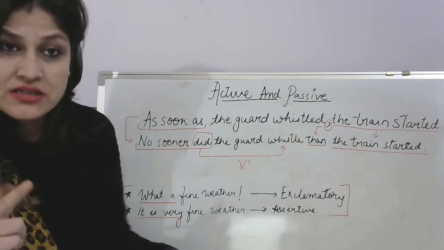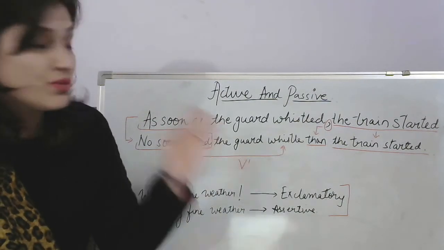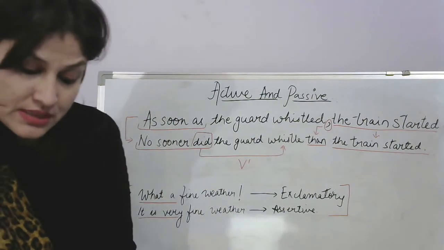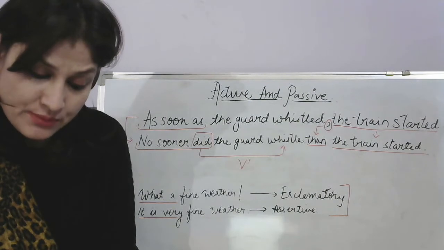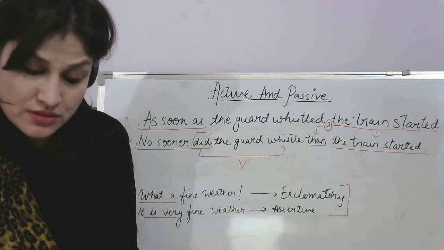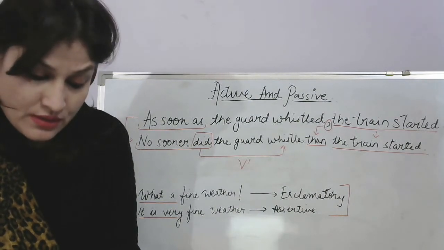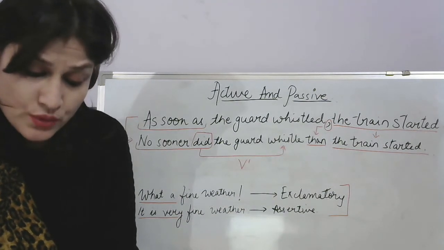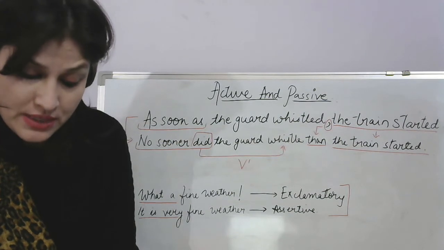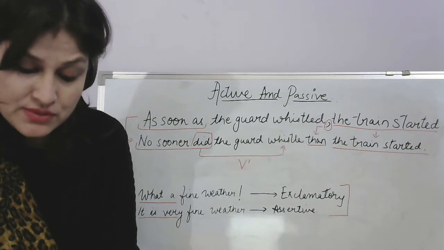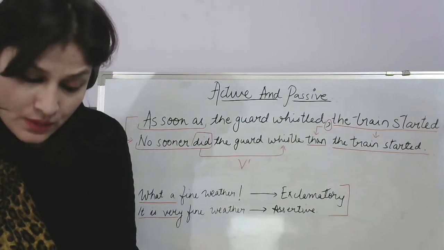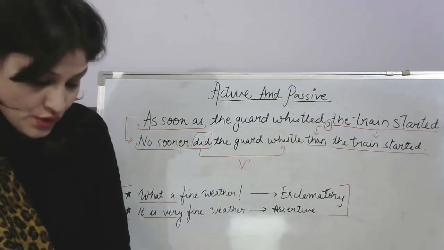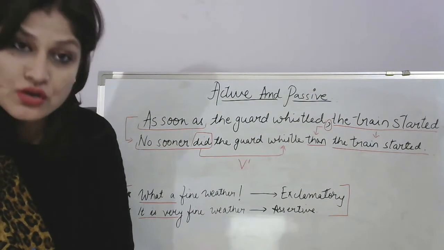So we are changing the clauses, making the principal into subordinate, subordinate into principal. He never takes up the work which he does not do. He always does the work which he takes up. I love him more than I ever did before. Never before did I love him so much as I do now. So this is how we'll be doing it. It's an interchange of your principal and subordinate clauses.